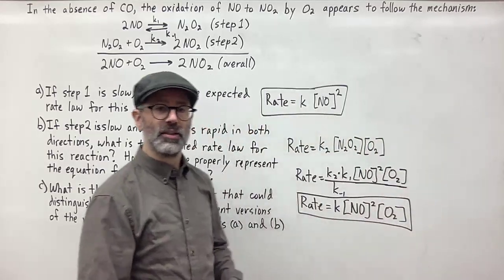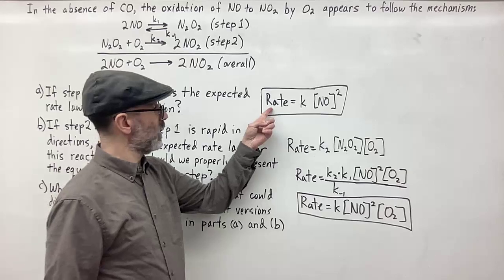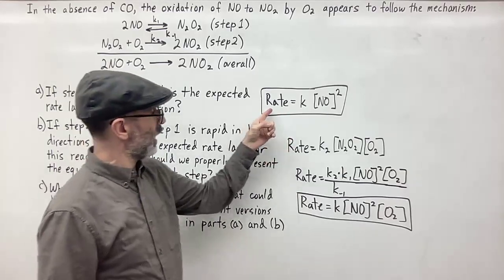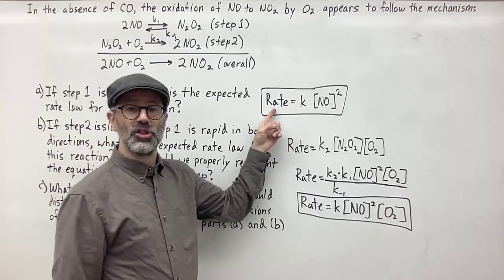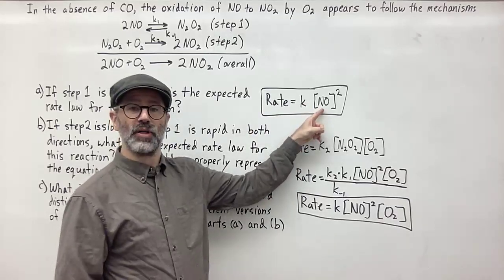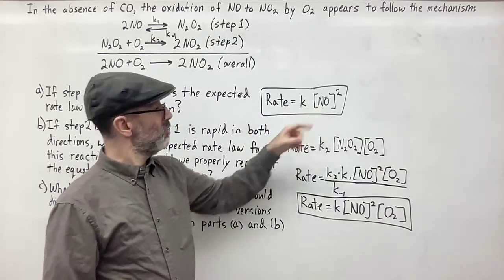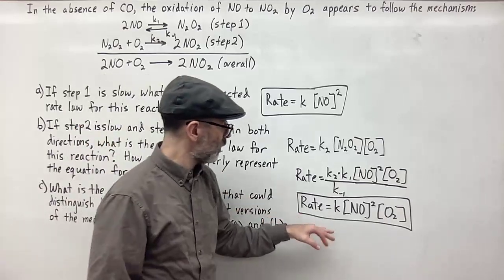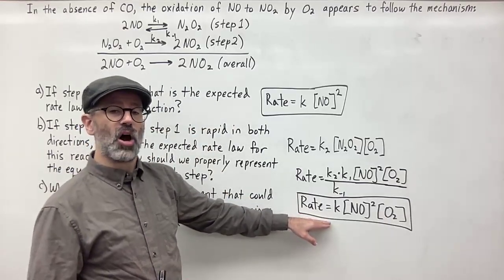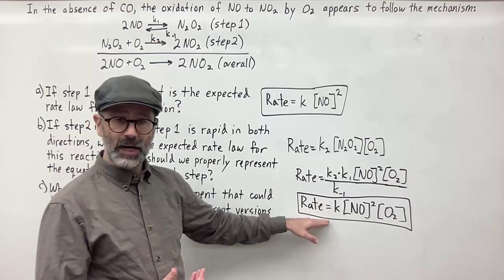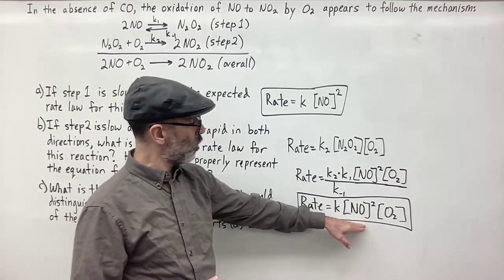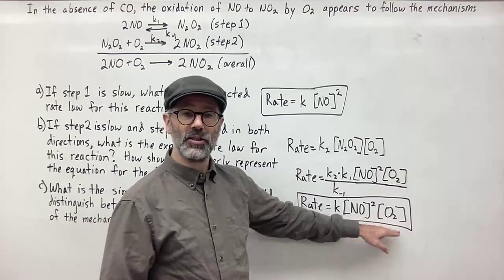Well, let's look at the rate laws. So here, if the first step is the slow step, the rate of the reaction should only depend on the concentration of NO, nitrogen monoxide. But here, if the second step is the slow step, then the rate of the reaction is going to depend on both NO and oxygen.